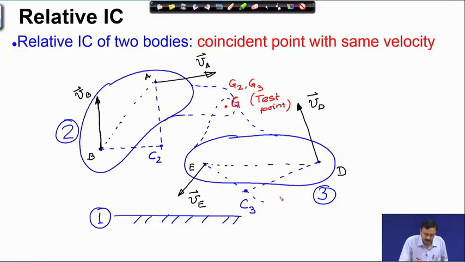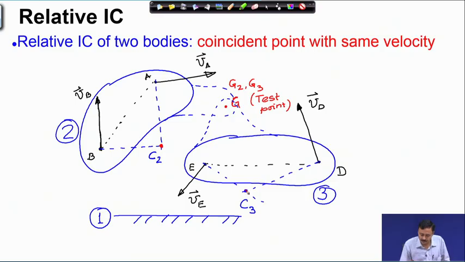As you know, this point C2, why is this called instantaneous center of rotation of body 2? Because the velocity of point C2 as an extension of body 2 is equal to the velocity of the ground, which is 0.